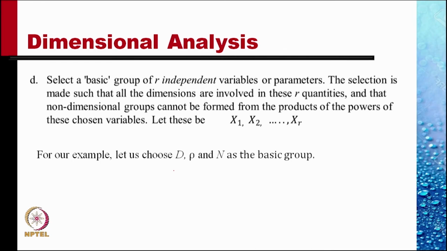In our example, let us choose D, rho and N as the basic group. The dimension of length is contained in D and rho. The dimension of mass is contained only in rho, and the dimension of time is contained only in N. All 3 dimensions are represented, and we cannot form a non-dimensional group out of these parameters.